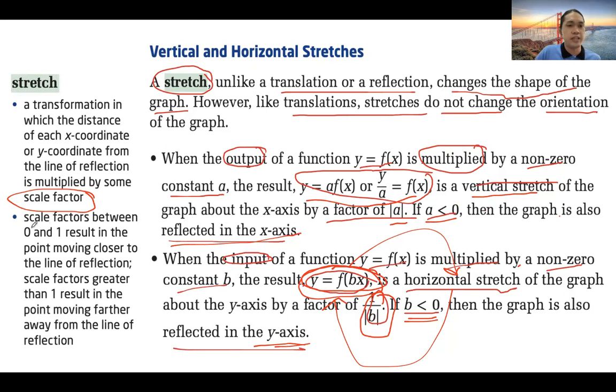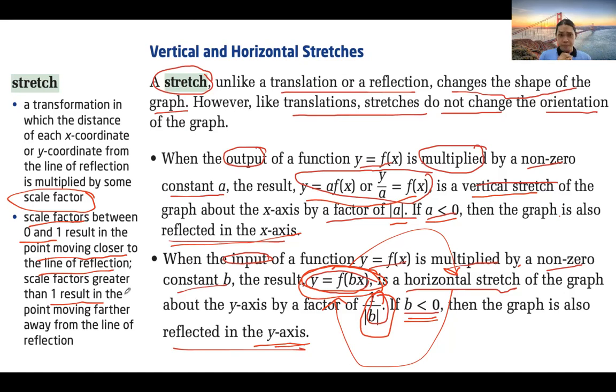Please take note of that. Scale factors between 0 and 1 result in the point moving closer to the line of reflection. Scale factors greater than 1 result in the point moving farther away from the line of reflection.